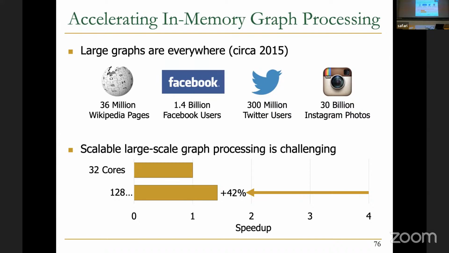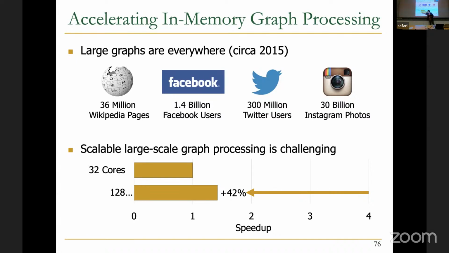But if you want to process these large graphs, then you need very powerful systems, right? You can decide to use a multi-core CPU or a multiprocessor. The problem is that even if you increase the amount of compute power that your system has, you may not see so much performance improvement. I think that this is very clear motivational data. For 32 cores, you get certain performance.